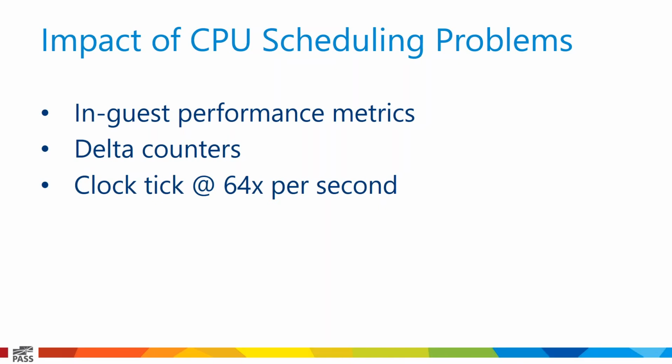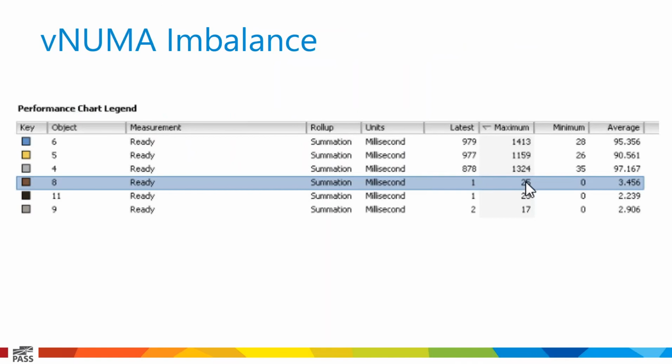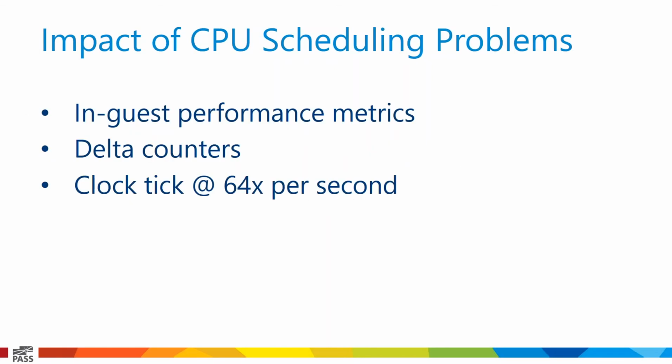But what happens if your CPUs are now emulated because of the virtualization or the cloud layer, and you get an imbalance like this where some of your cores, in this case, are now having 15% of that time slice irregularly presented and potentially missing at the end of an hour? Well, that makes the basis for every one of these performance counters potentially skewed.